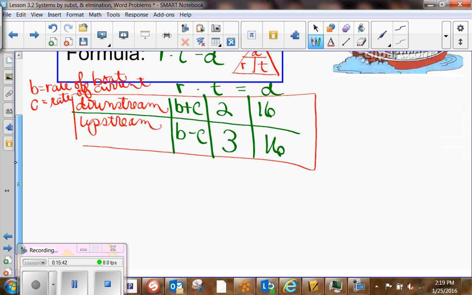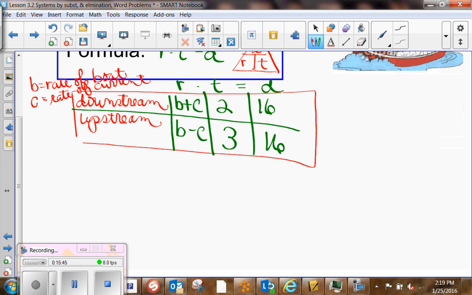All right, so let's take this chart and turn it into two equations. This times this equals this, this times this equals this. So B plus C times 2, is it okay if I put the 2 in front just so I can distribute it a little better? Equals 16. And 3 times B minus C equals 16.